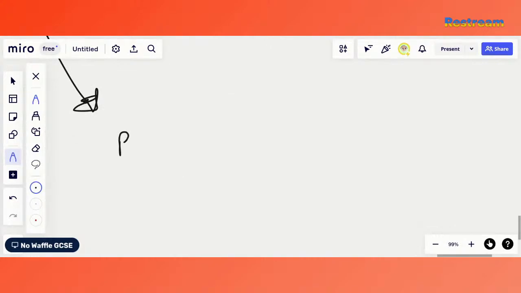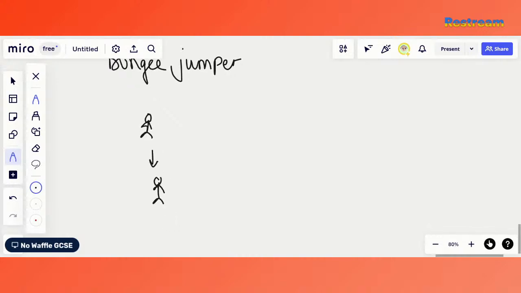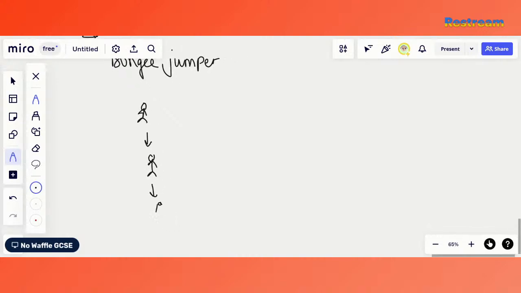So when we have a bungee jumper, as they fall down, and then they fall back up, there's also elastic potential energy in this as well.